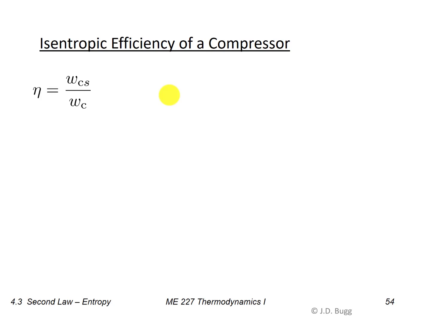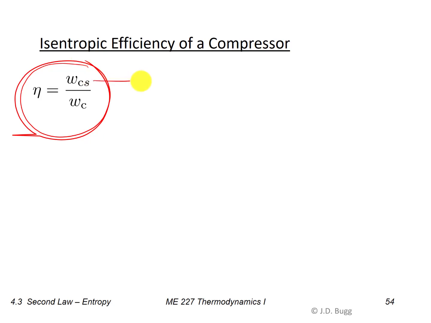Next, we want to look at the isentropic efficiency of a compressor. And remember, when we did this for the energy equation, a compressor is just the opposite of a turbine. Very similar thing is happening in the two of them, just in an opposite direction. So because of that, our definition of the isentropic efficiency for a compressor is the inverse of what it was for a turbine.